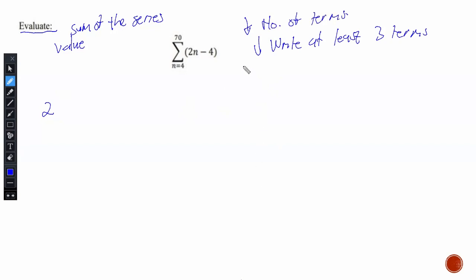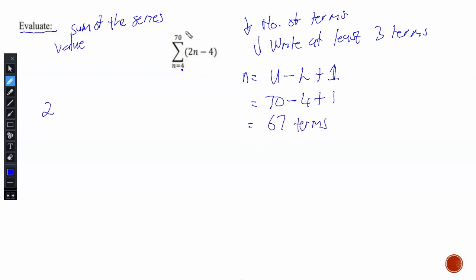How many terms are there? You can say the number of terms is upper value minus lower value plus 1. Your upper value is 70, but if you are starting from n equals 4, that's minus 4 and then plus 1. So how many terms are we adding to this series? That's 70 minus 4 plus 1. This is going to give us 67 terms.